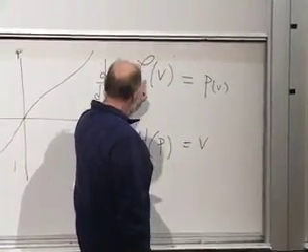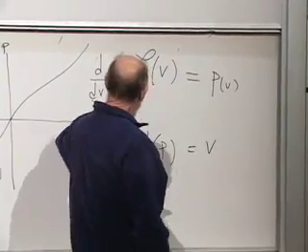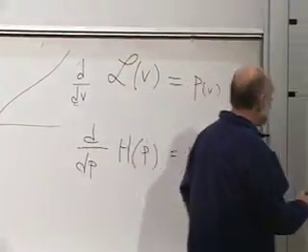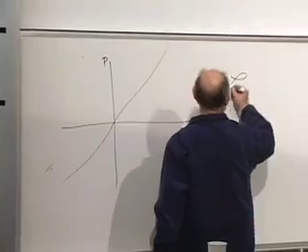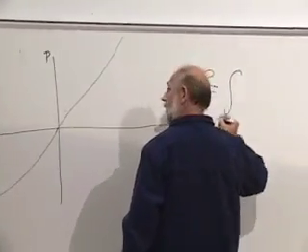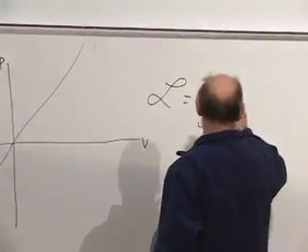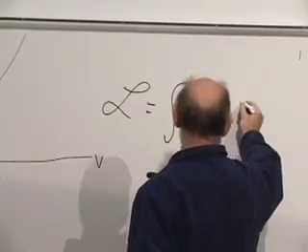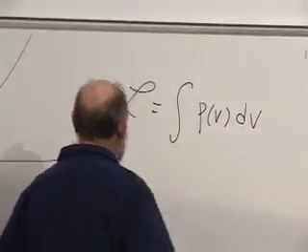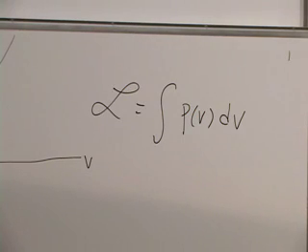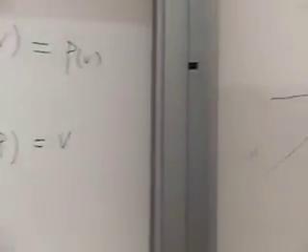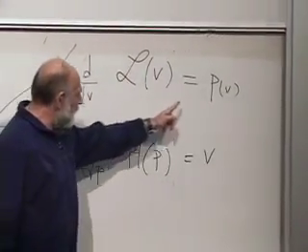And now, let's solve this equation for L by just writing that L is equal to the integral of p of v dv. Does everybody recognize that? If the derivative of L is p, then L is the integral of p.